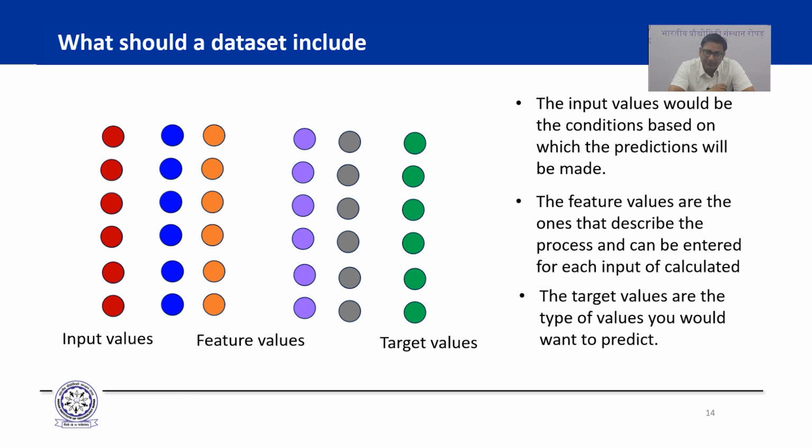These target values are really the properties that you are trying to predict, and this combination of the input values, the feature values, and the target values will allow you to train your program. By and large, whatever you are trying to predict comes in the target values. So this is how the dataset should look.